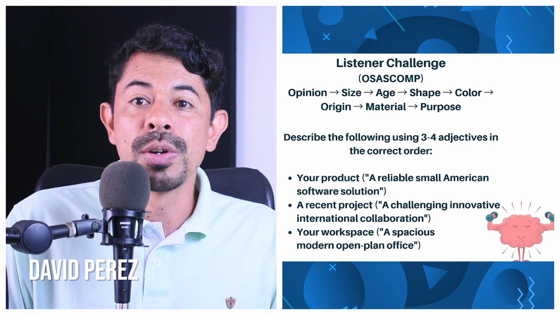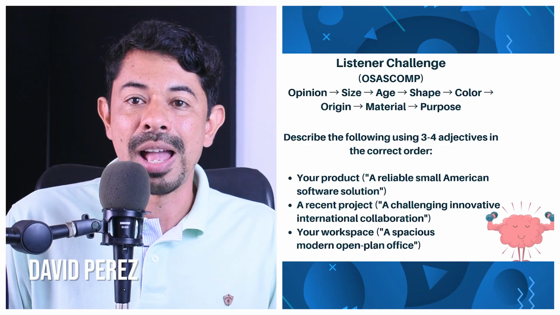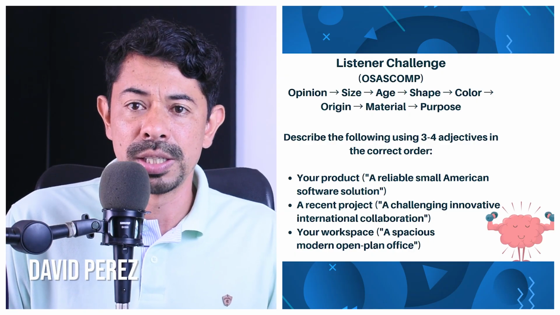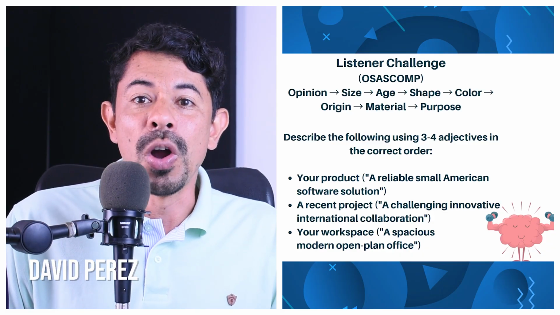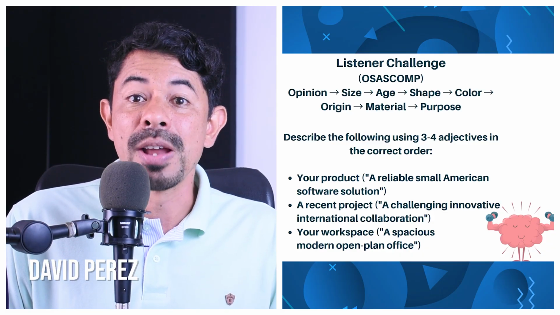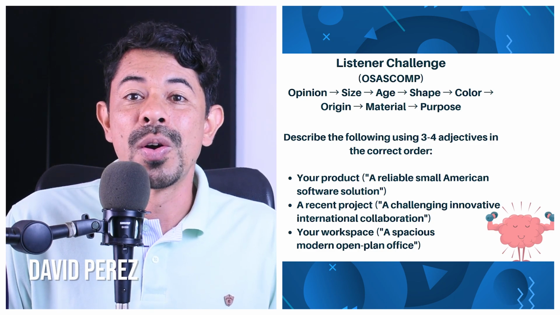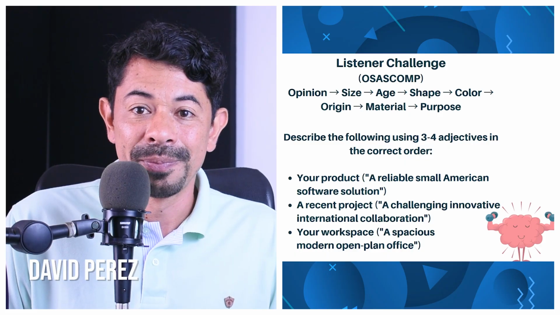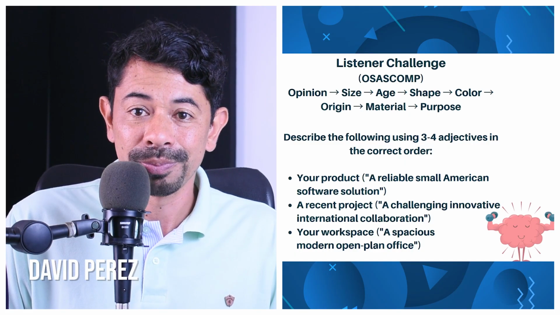You are going to describe 3 elements by using a maximum of 3 adjectives, maybe 4, but let's keep it at 3 adjectives, yes? You are going to describe a product you work with or you use. You are going to describe a project, and you are going to describe a workspace.